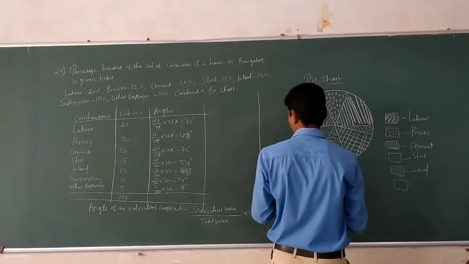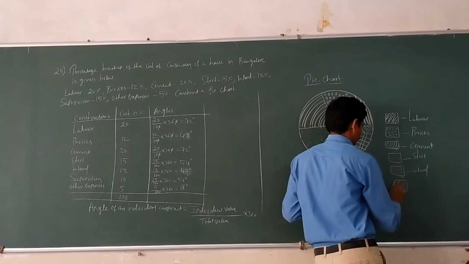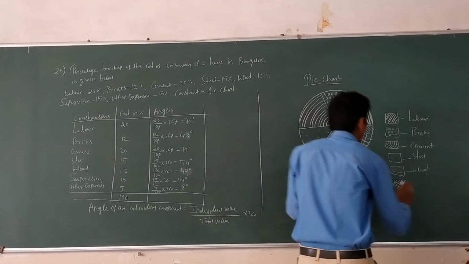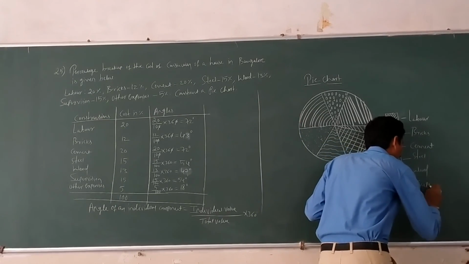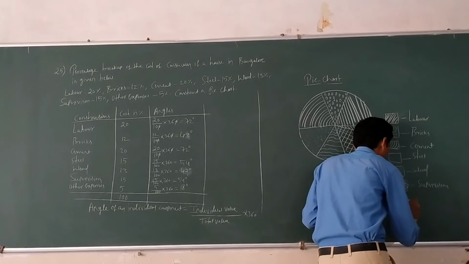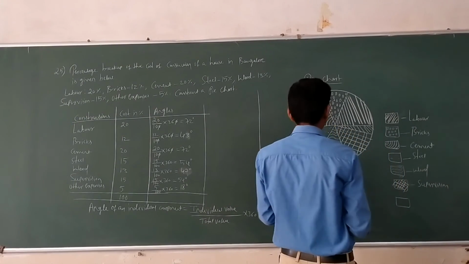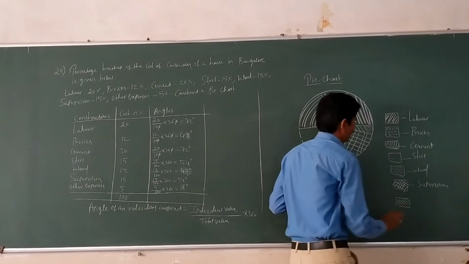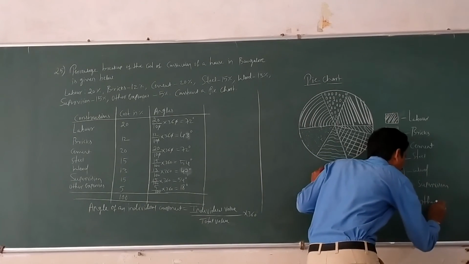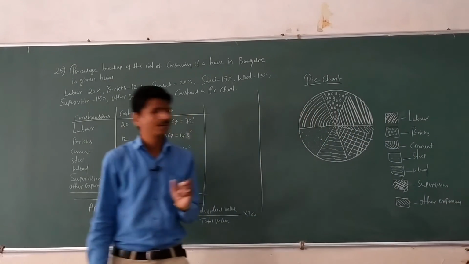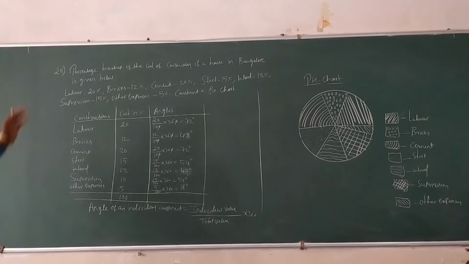Next index indicates supervision. And the next index is other expenses. So it is a pie diagram for showing the cost of construction of a house.